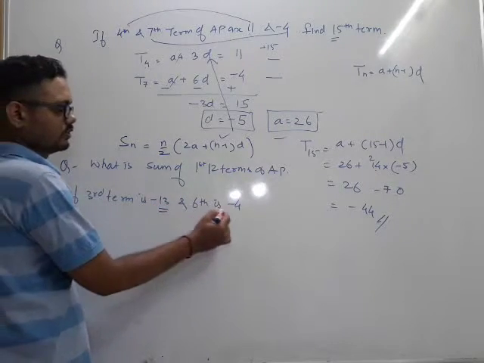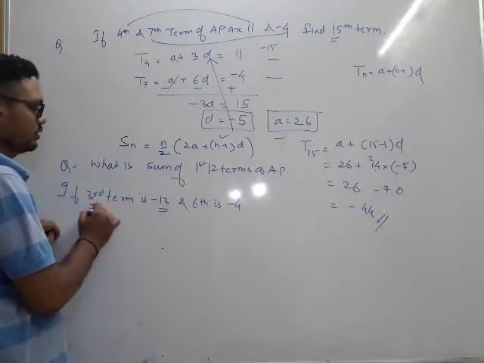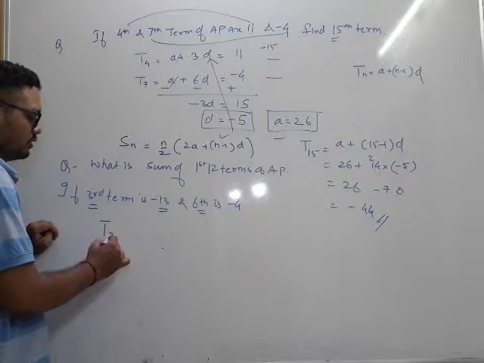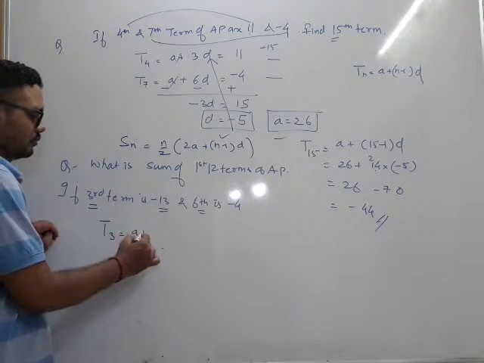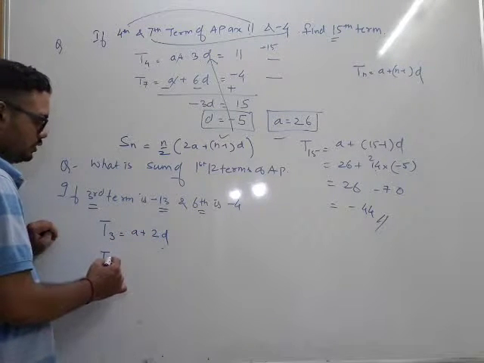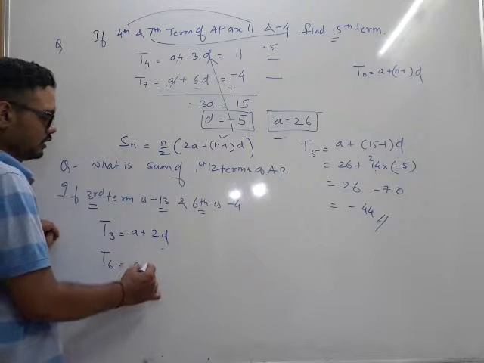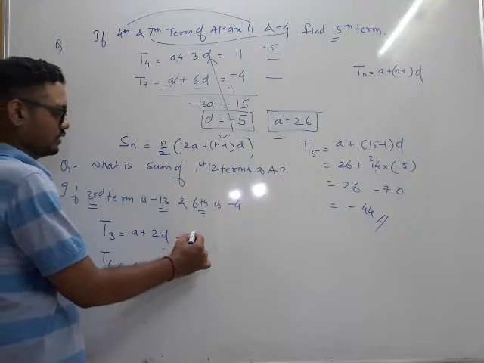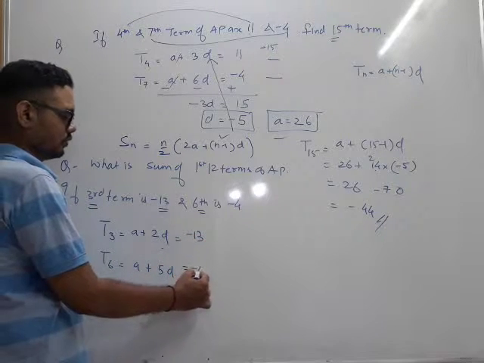Sorry, the third term and sixth term are given. So let's find, third term is a plus 2 into d. Sixth term is a plus 5 into d. This is given as minus 13, this is given as minus 4.